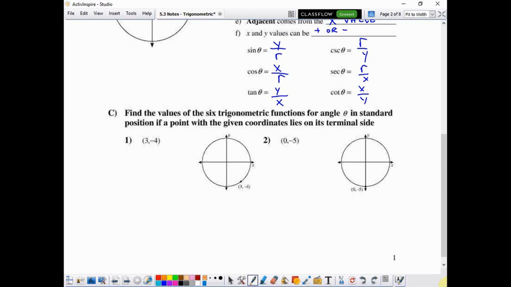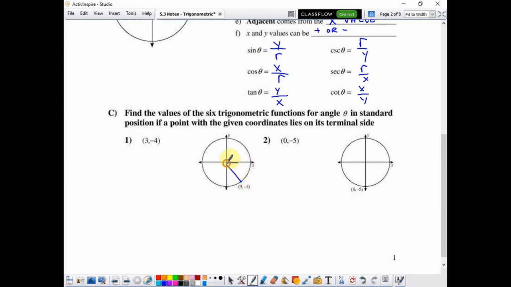We're going to find the values of the 6 trigonometric functions for angle theta in standard position if a point with the given coordinates lies on the terminal side. So here's what that means. The point 3, negative 4, and that's right here on this circle. We're going to turn that into a triangle.